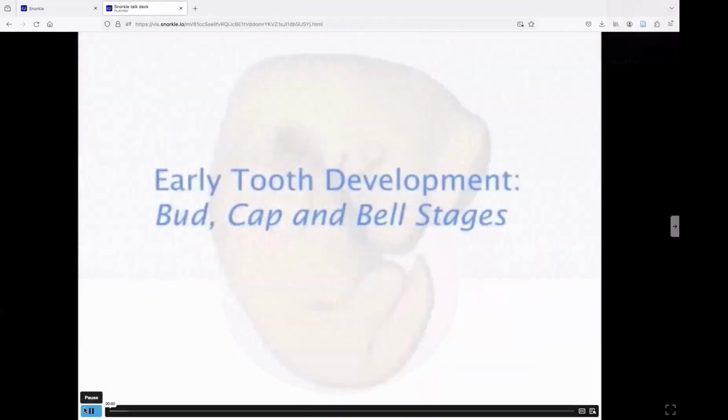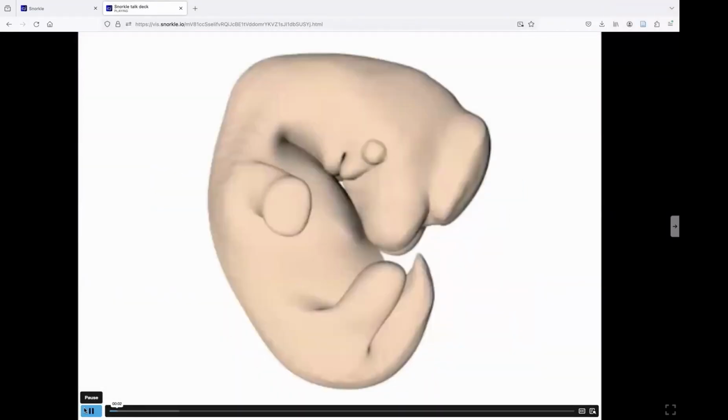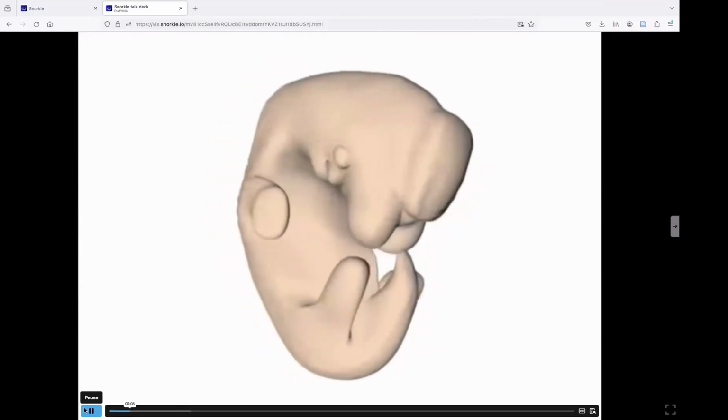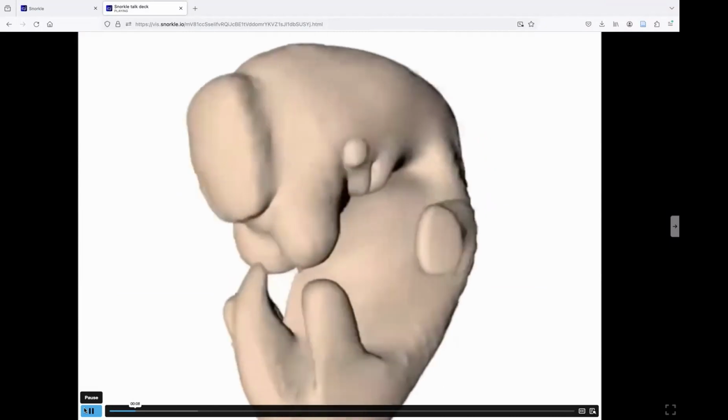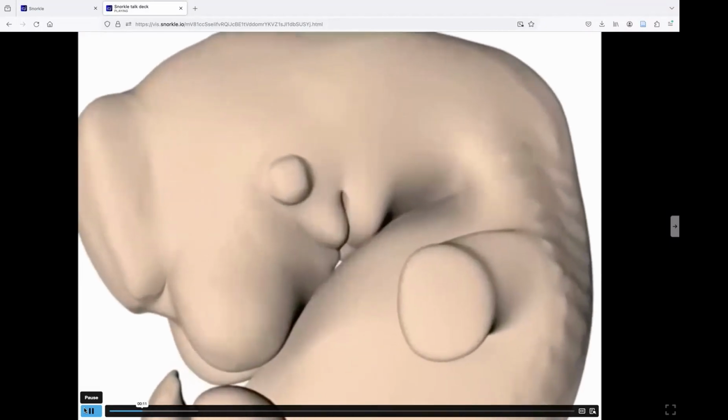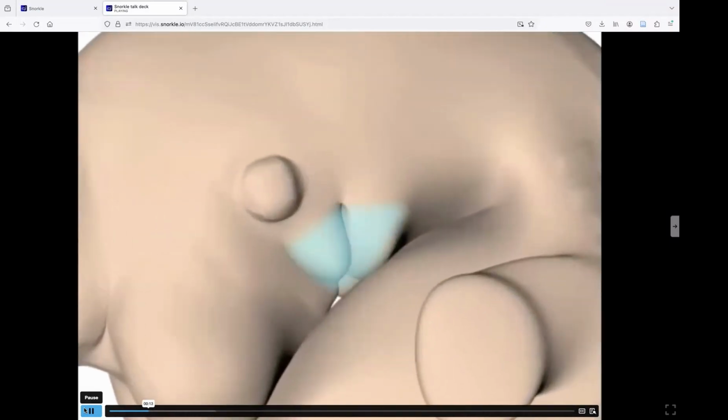In the developing human embryo, in week 6 of gestation, the teeth will develop in a complex process that involves a myriad of different cell types and tissues. Within the developing jaws of the embryo, epithelial and ectomesenchymal cells will interact with each other to produce teeth.